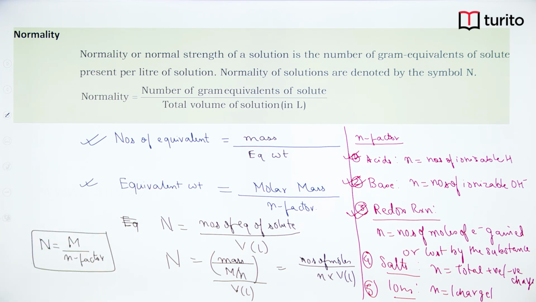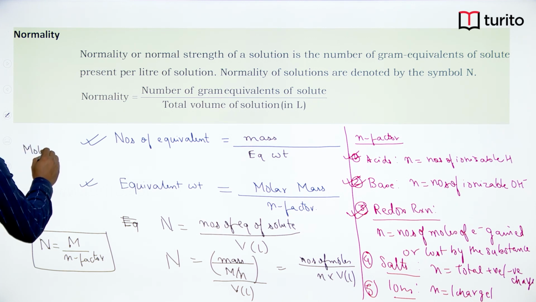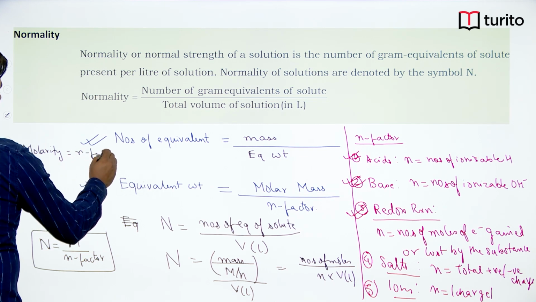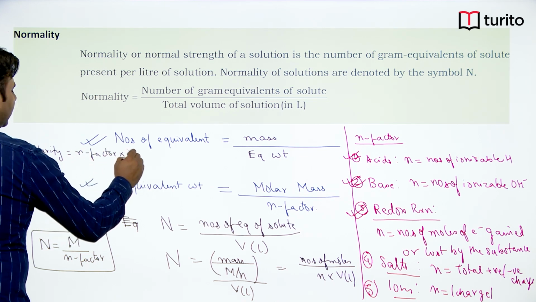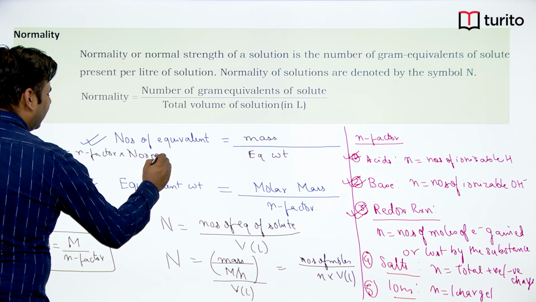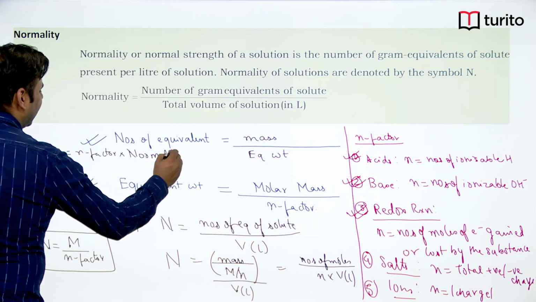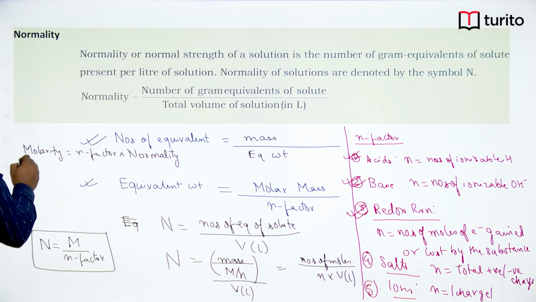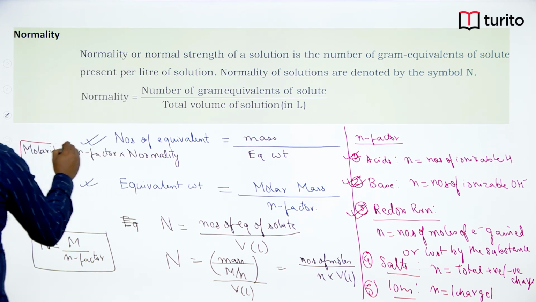So again a very important conclusion: molarity is always equal to N factor into normality. This we use frequently in all our questions in redox as well as solutions and electrochemistry. So just make a note of this.